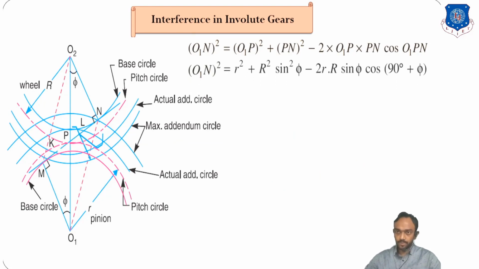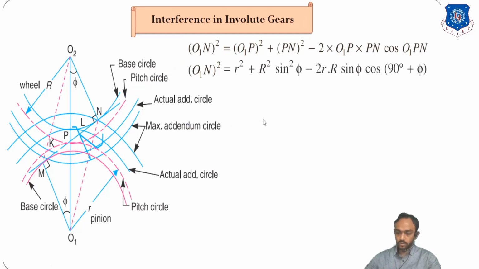Check this out. O1P is the small r, the pitch radius of the pinion. PN is the sine component of the pitch radius of the wheel, and the angle is cos of 90 plus phi. This is the most important relation, derived from this geometry.